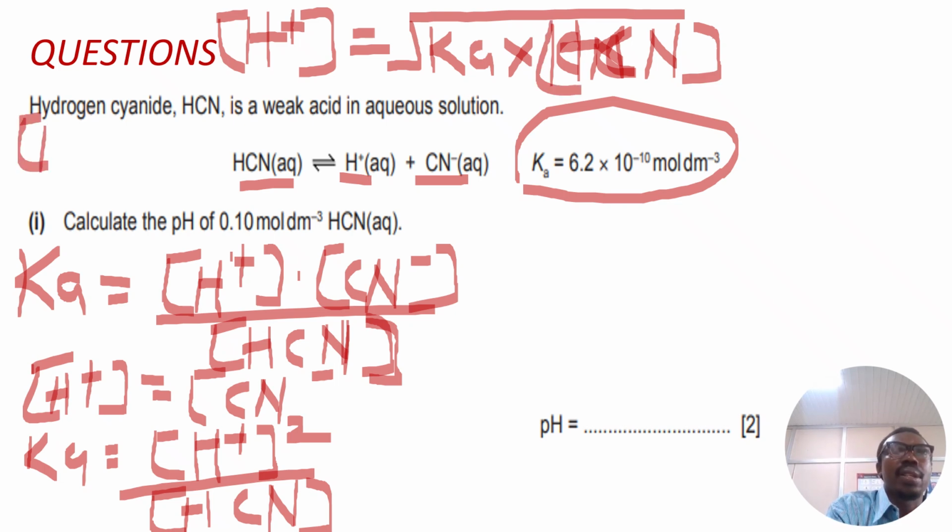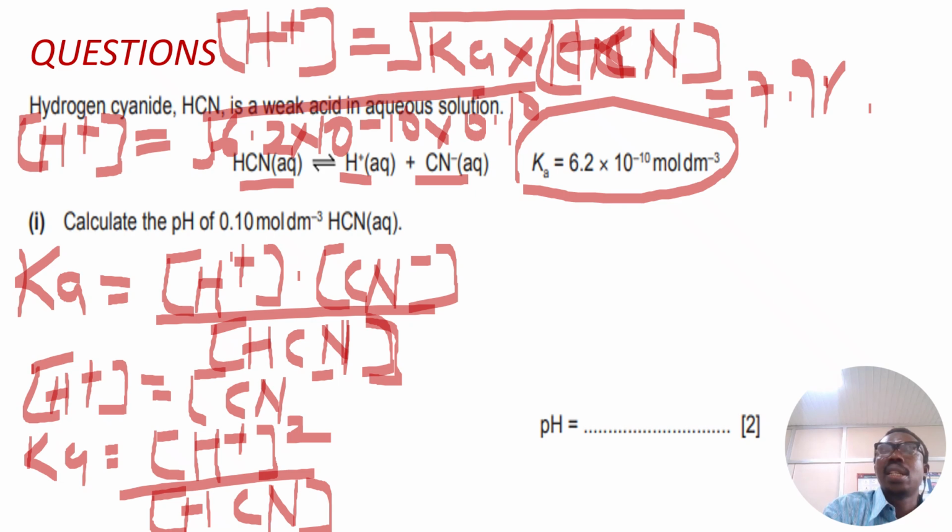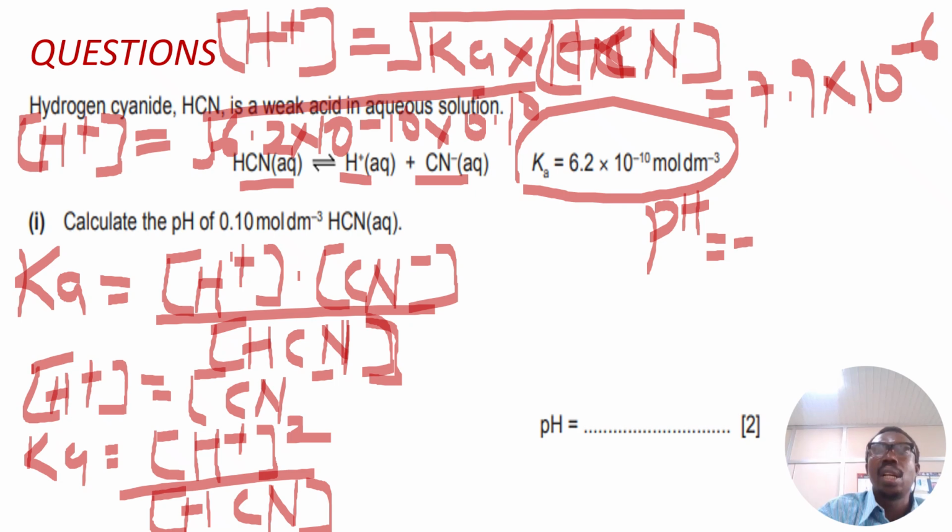So the hydrogen ion concentration will be equal to the square root of 6.02 times 10 raised to the power minus 10 multiplied by 0.10. You are going to get 7.9 times 10 raised to the power minus 6, which is the hydrogen ion concentration. So we have to calculate the pH. pH is equal to the negative logarithm to base 10 of the hydrogen ion concentration.